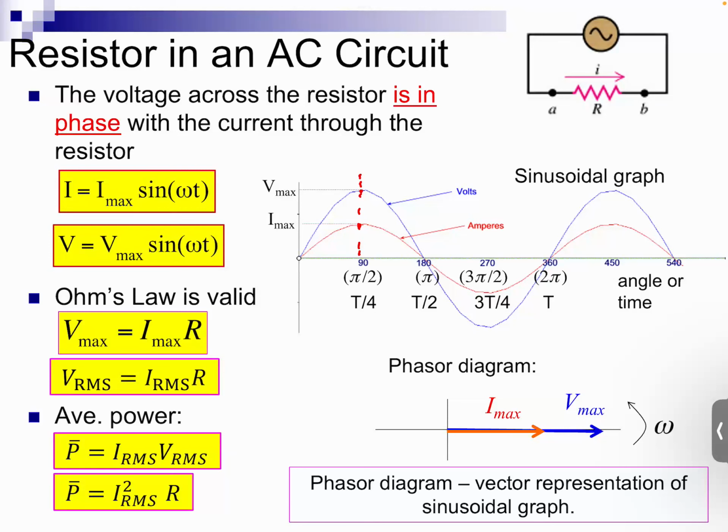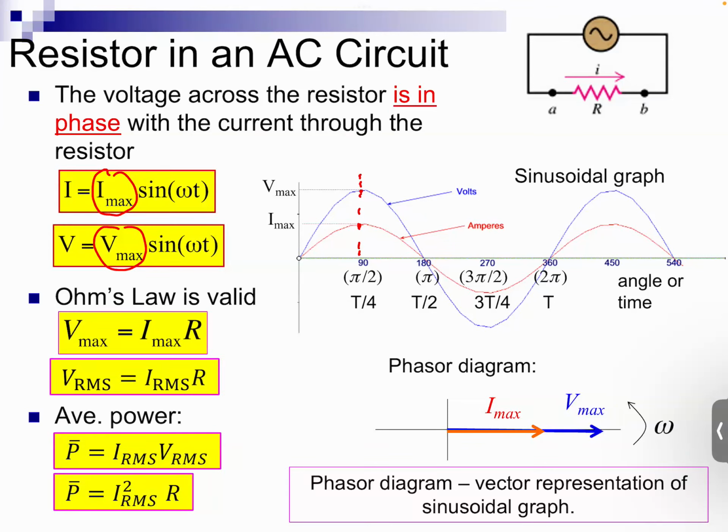If you use the maximum values right here, maximum currents and maximum voltages, or the RMS currents and voltages, we can still use Ohm's law to analyze the circuit. So V RMS equals I RMS times R, or you can use maximum values as well. Likewise, for the average power, the equation we used in circuits before can also be used. Just make sure you are using RMS values for the average power.